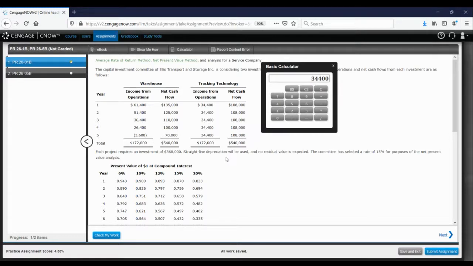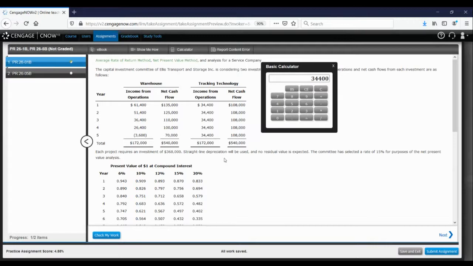Also, with the tracking technology, it's going to require an investment, a cost of 368,000. And again, there was no residual value. So we would simply take the 368,000 and divide it by 2 to get the average investment.